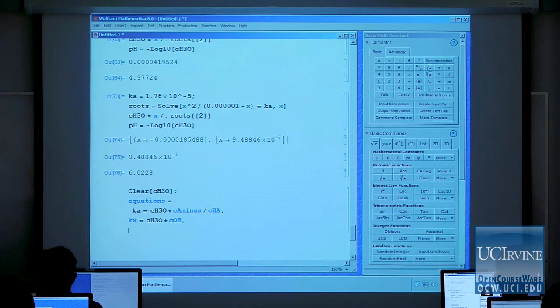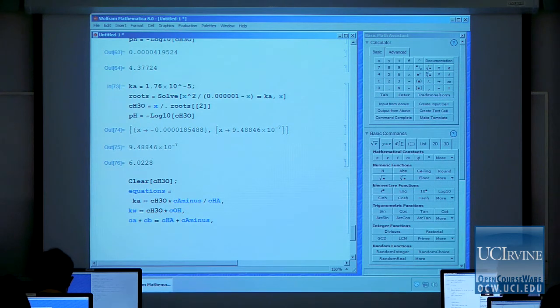So that's the initial concentration of acid plus the initial concentration of salt of conjugate base equals CHA plus CA minus, comma, return.